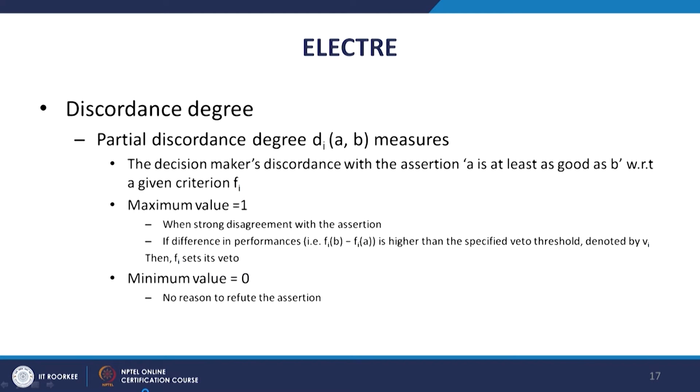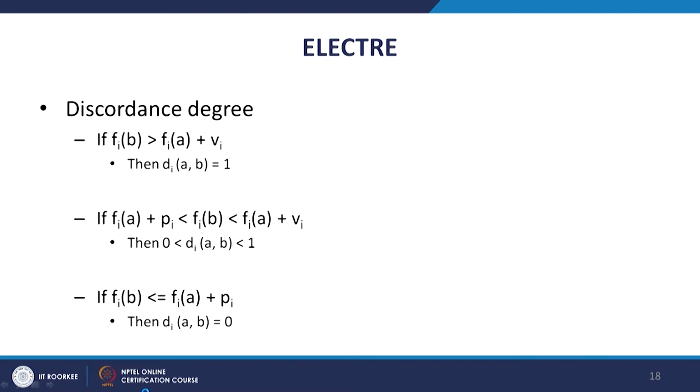Then we talked about the partial discordance degree. We also discussed the scenarios of how this is going to be computed based on the given parameters. In the concordance, the preference and indifference thresholds are taken into account, and in discordance the veto threshold as well as the preference threshold are taken into account.